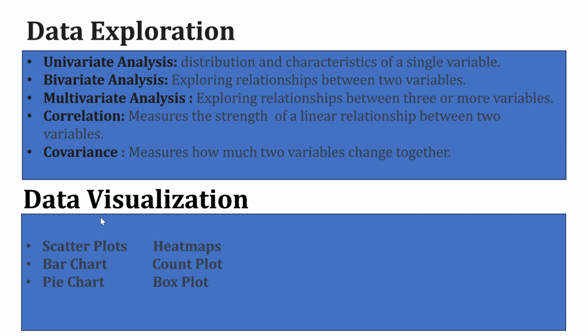We have different types. First one is scatter plots. Heat maps are used for correlations. For numerical data, it directly tells us how two variables are varying together, what the correlation between two variables is.